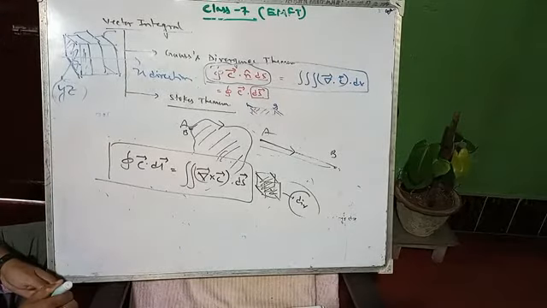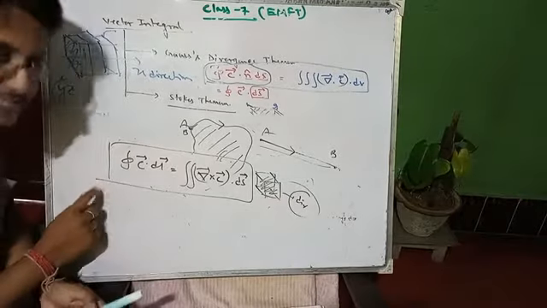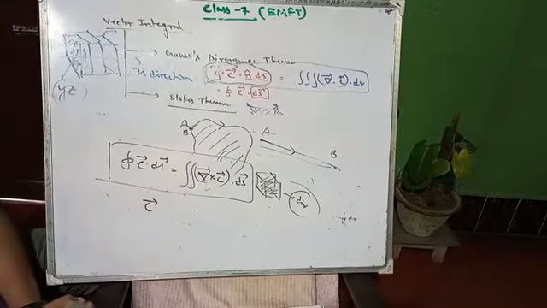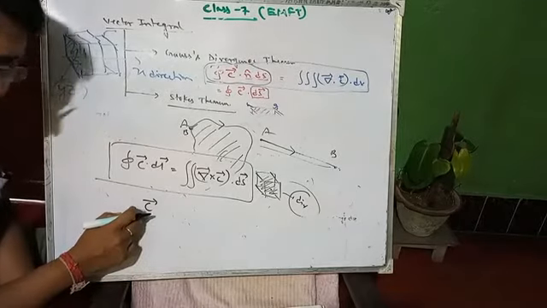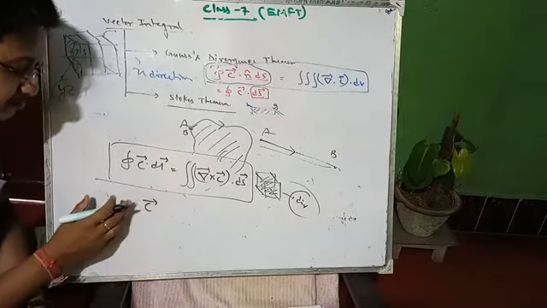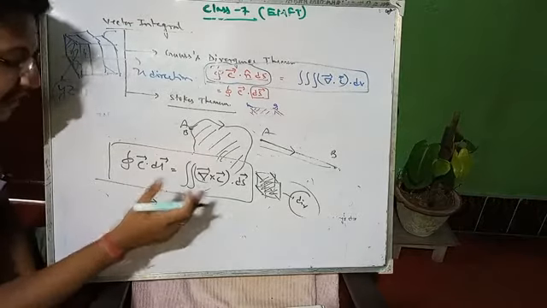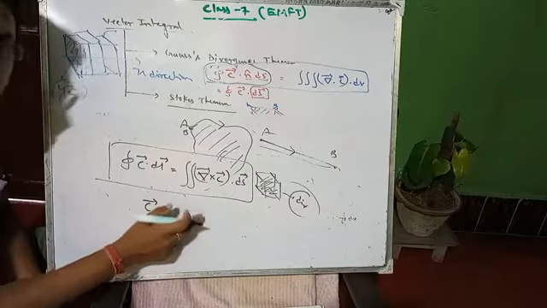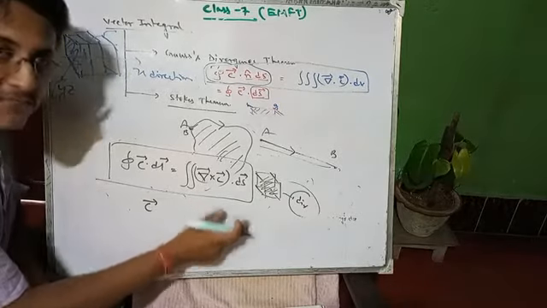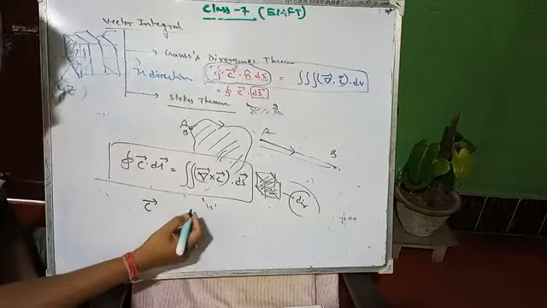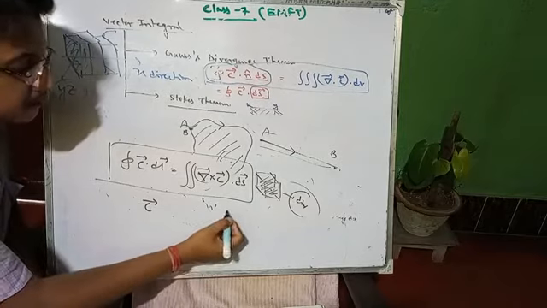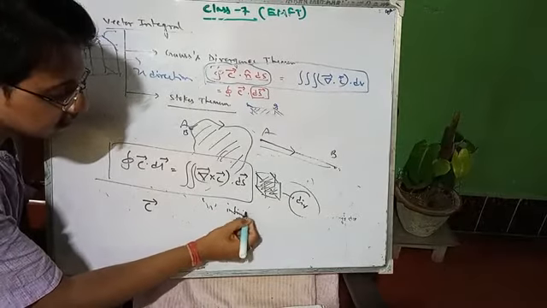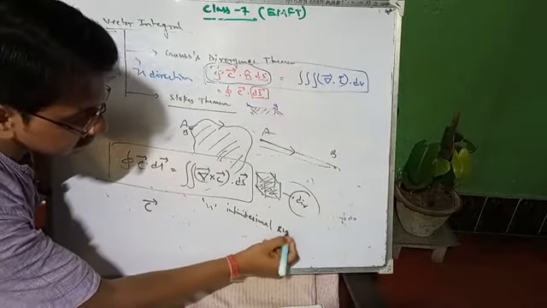So write down: assume a closed line representing a closed line vector C, which is further divided into n number of infinitesimal surfaces.